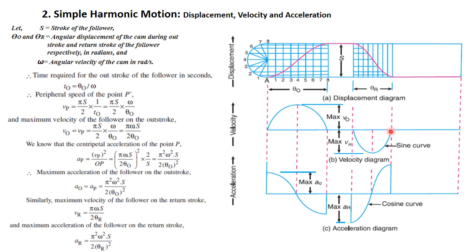So this rate of change of velocity again shows us that the rate of change of velocity is high at this position, therefore acceleration is high at the initial stage and it comes to 0 at the mid of the stroke, and then again increases at the end and suddenly comes to 0.